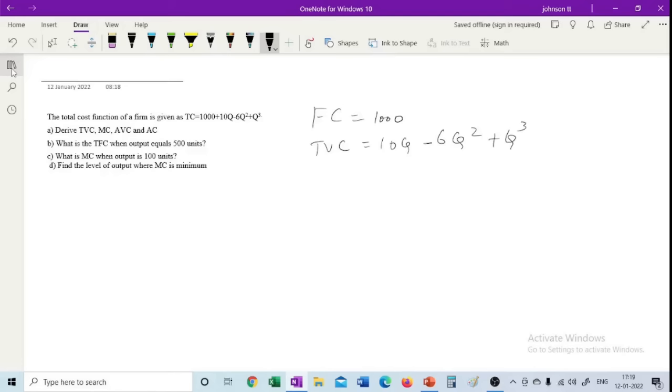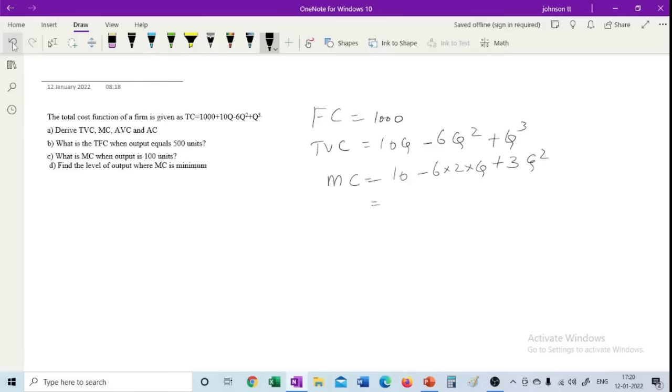So when you differentiate the total variable cost function, we will get marginal cost is equal to 10 minus 6 into 2q plus 3q square.